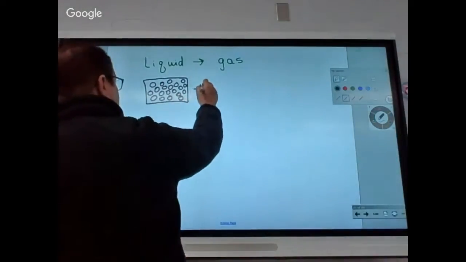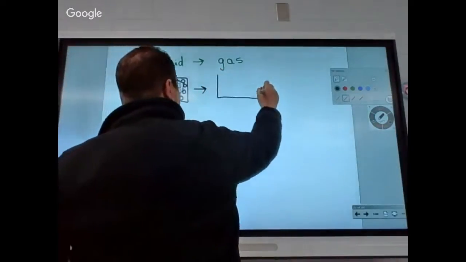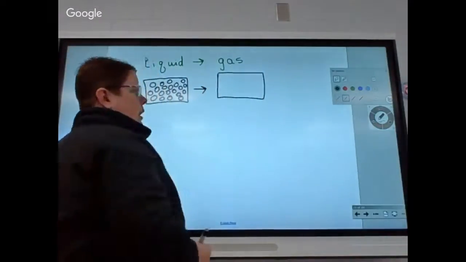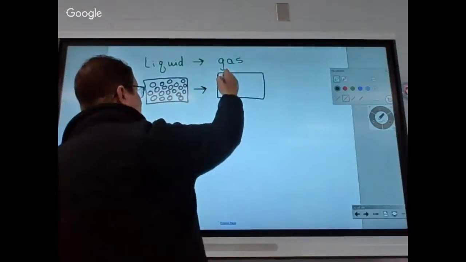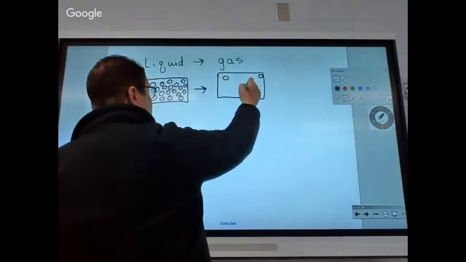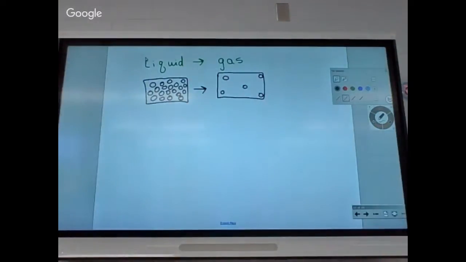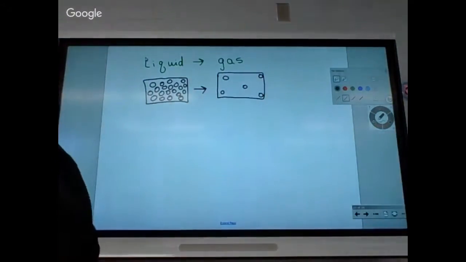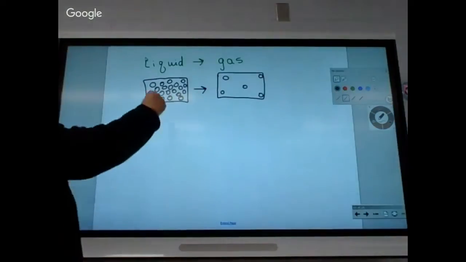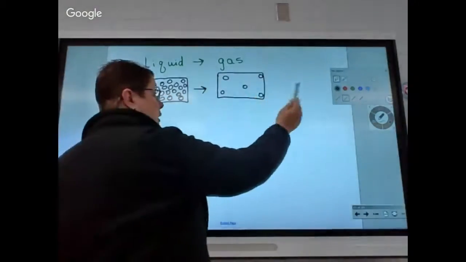Now, when they change to the gaseous state, how do they compare? What would a gas look like? They're all over the place, but they're particularly much further apart, right? So, the question becomes, how do we change from a liquid into a gas?